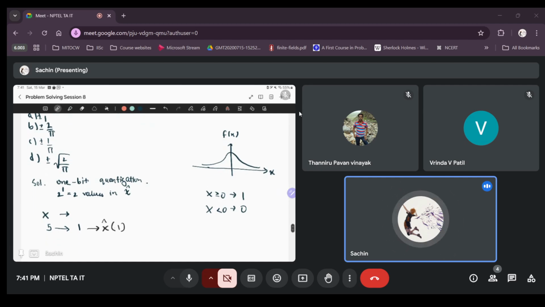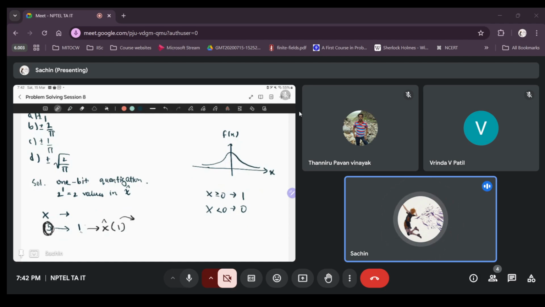So this estimate of x is again a real number, but see, all values x that are greater than or equal to 0 have been encoded to the same code word 1. So while you are reconstructing, since it's like a function, there's only one value to which you can reconstruct this, and you don't know which input was actually encoded to 1.